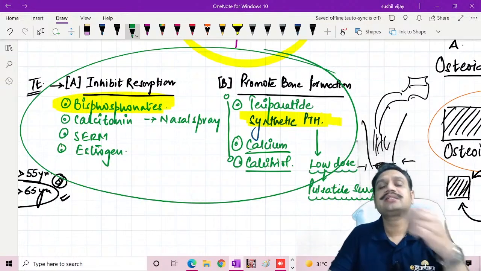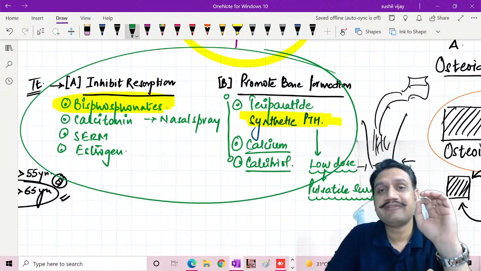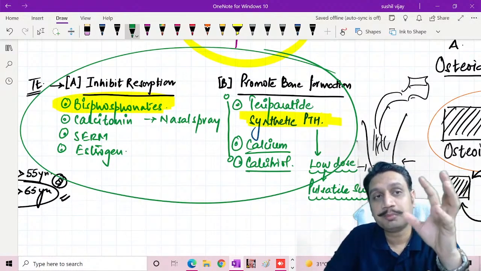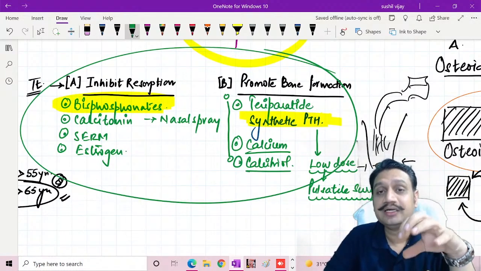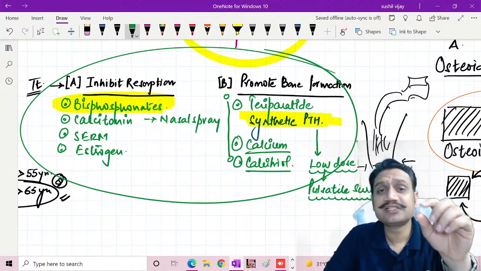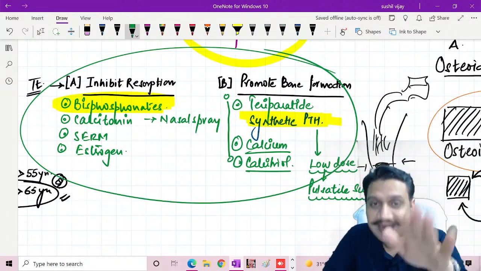Let's suppose somebody is having hyperparathyroidism. What will happen? Because of hyperparathyroidism, the bones will get resorbed. But here, what is happening? Here we are giving an injection. That injection is promoting the sudden activity of PTH, and then it gets back to normal.